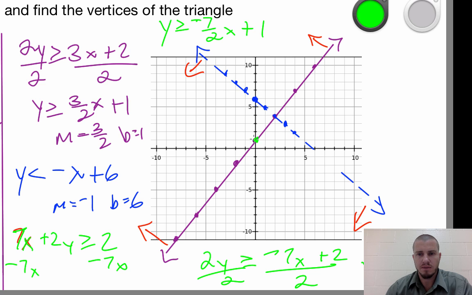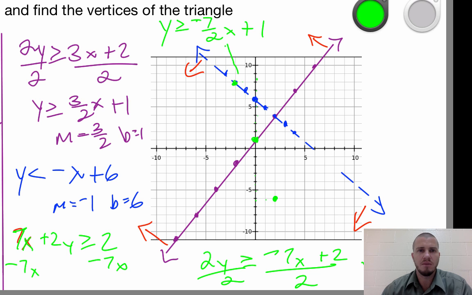So my y-intercept is 1. Down 1, 2, 3, 4, 5, 6, 7 over 2 to the right. That's a negative slope. And go the other way. Up 1, 2, 3, 4, 5, 6, 7 over 2.